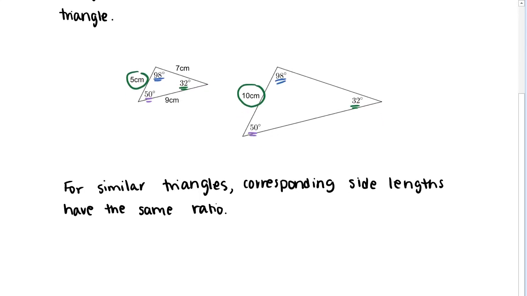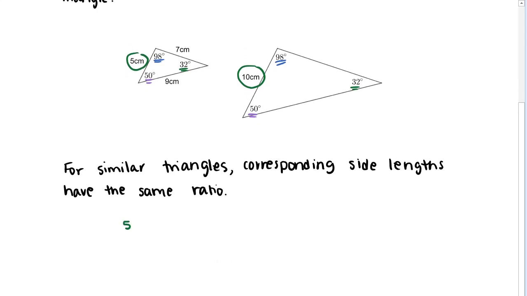If we take their ratio, 5 centimeters over 10 centimeters, we get 1/2. No matter which corresponding sides we take between these two triangles, when we divide them, we should get that 1/2 every time.